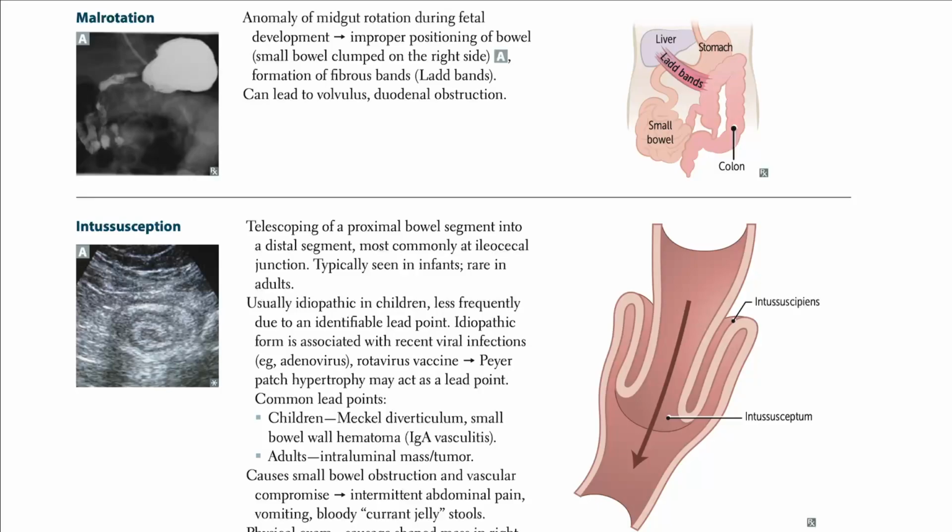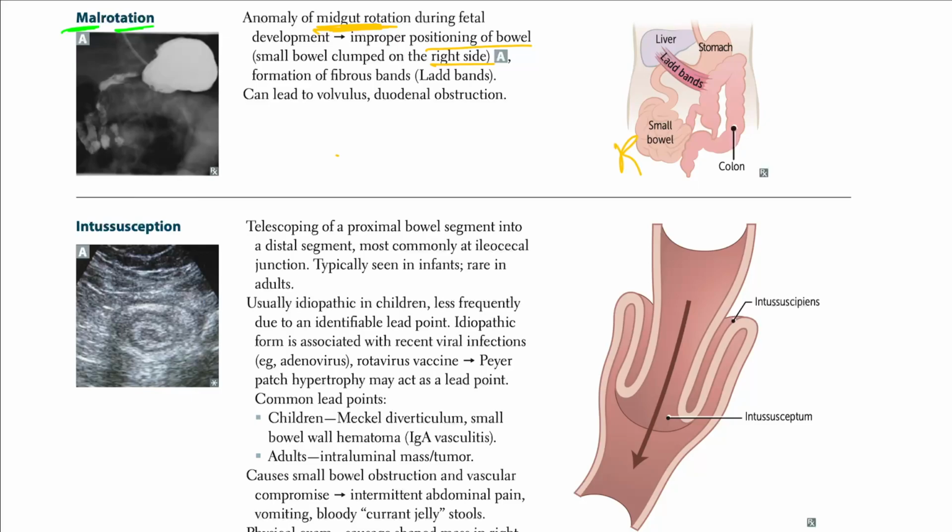Okay, so now let's talk about malrotation. Malrotation is an anomaly of midgut rotation during fetal development, which leads to improper positioning of bowel, with small bowel clumped towards the right side.